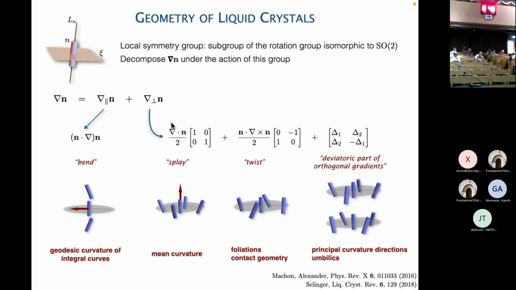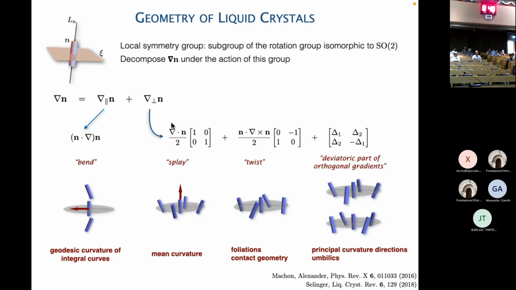Okay, so what do you do to extract geometric properties from this unit vector field? Well, we look at its gradients, and we look at its gradients split into pieces according to its symmetry principle. The symmetry principle is that if I give you an orientation, some line element at this point, then there's an action of the rotation group that fixes that direction. So there are little local rotations about whatever that direction is, which fixes that particular orientation.